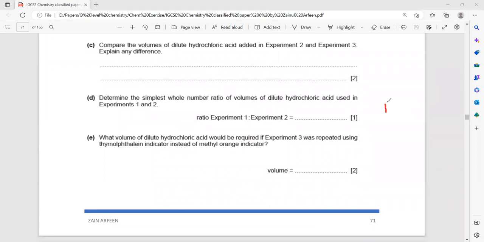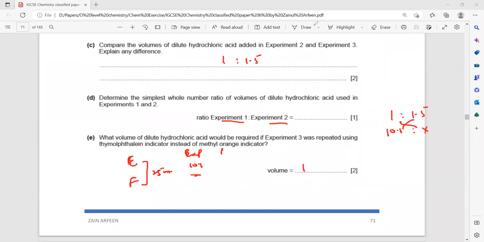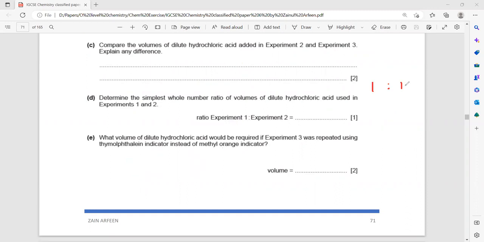How did we identify that the ratio is 1 is to 1.5? Because when the methyl orange was used with solution E, which was 25 cm³, and with solution F, which was 25 cm³, how much HCl is needed?